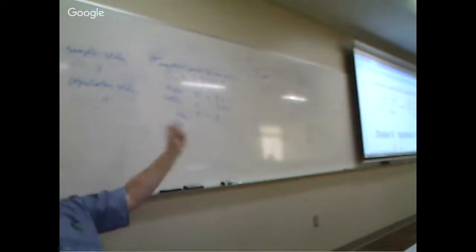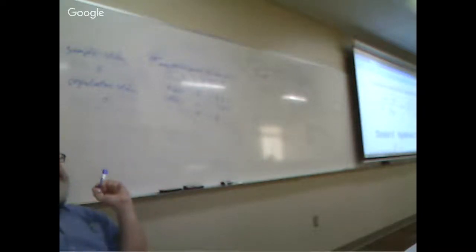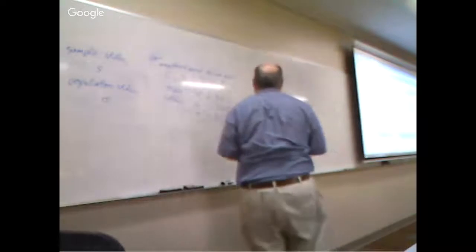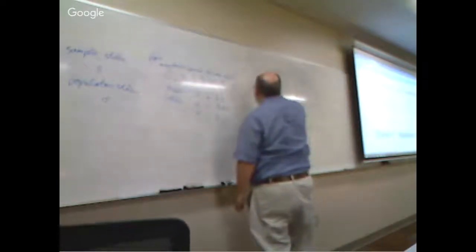It is not an X. It is not just a funny looking X. It's a Greek letter, of course. And this Greek letter is called chi. And if you'll notice, it has the 2 up there. So this is called the chi-squared distribution. It's not Z, it's not T, it's chi-squared.